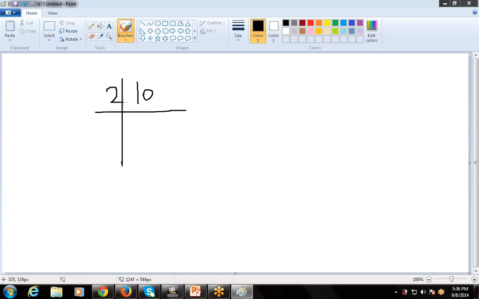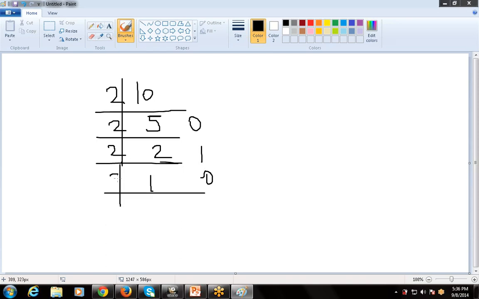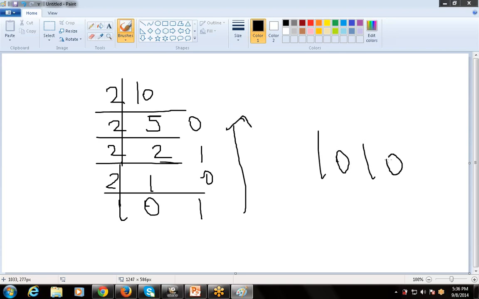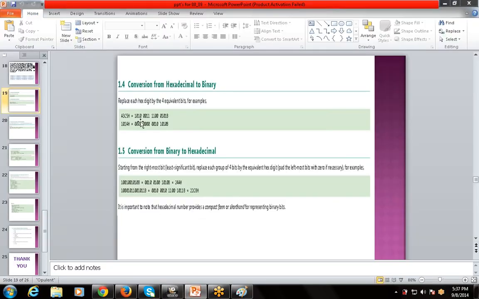So dividing by 2: 2 5s are 10, remainder 0; 2 2s, remainder 1; 2 1, remainder 0; 2 0, remainder 1. So the output is 1010. This is the same output, 1010.